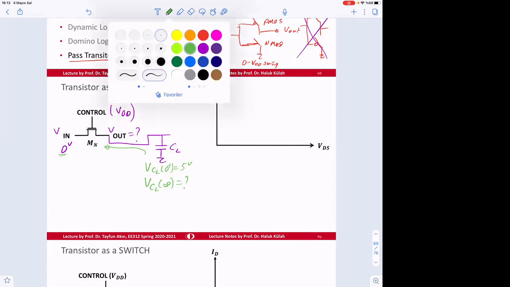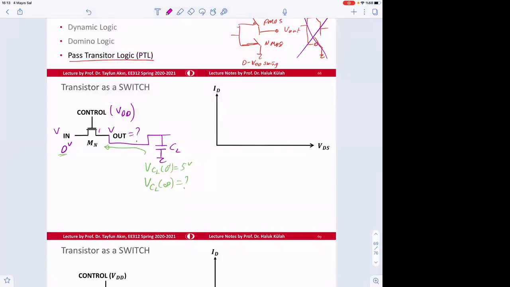So we can call this side as drain, this side as source. Okay, so maybe the base here is connected to ground, the smallest voltage that we have. It can be connected to source, but the source and drain will be switching here in the device, because this is a bi-directional device, right?